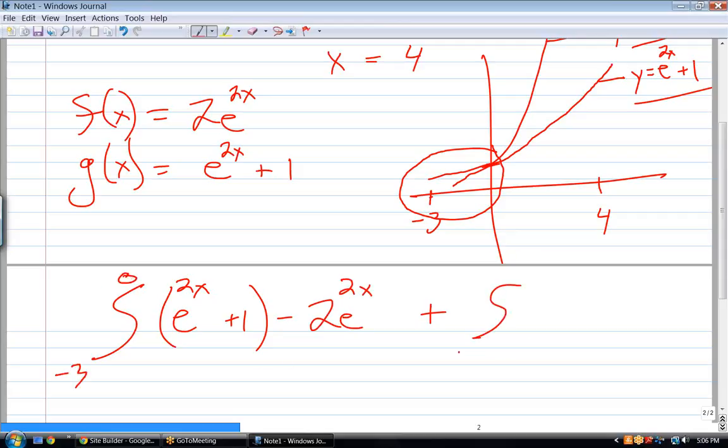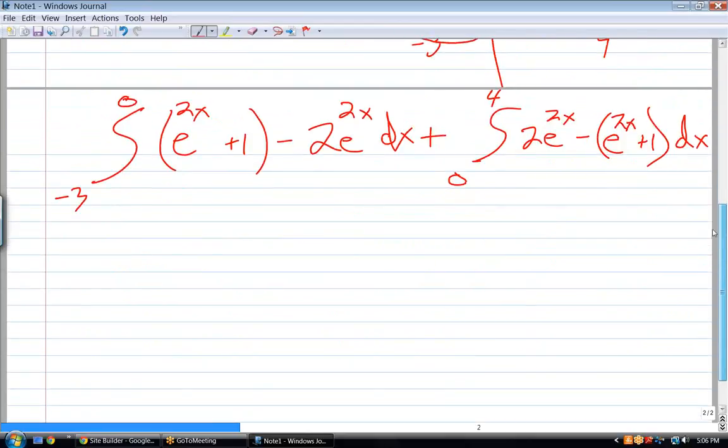We're going to add to that going from 0 to 4 of 2e to the 2x minus e to the 2x plus 1. Okay? You understand that part? Yes.